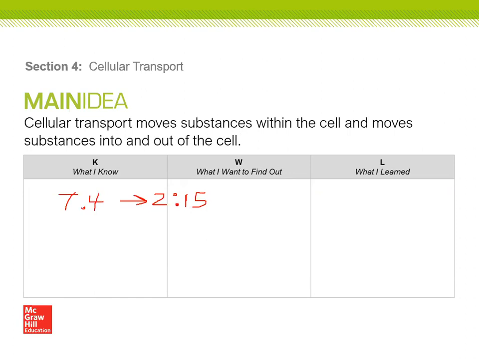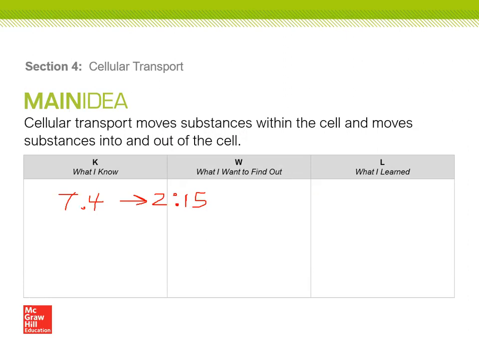How many pages was it? If you go back, one to two.